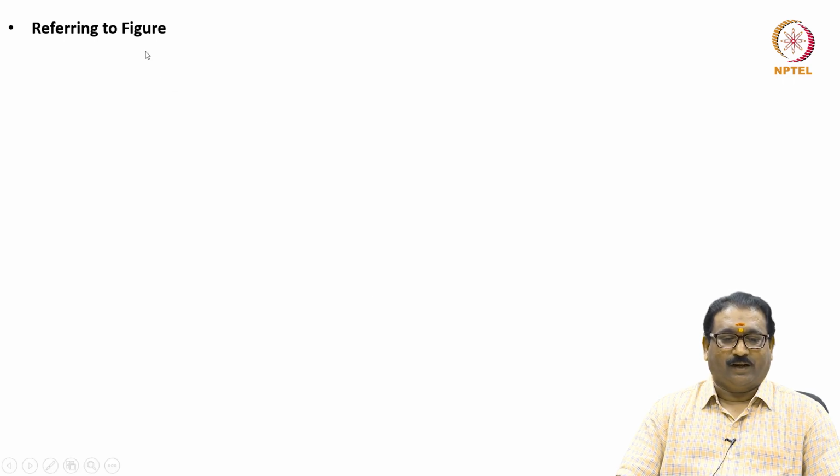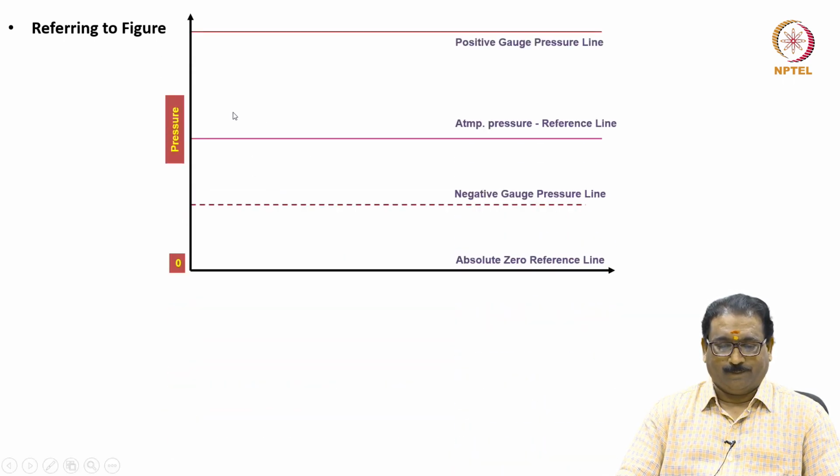As we have seen the 4 important terms of pressure, now we will see these pressure terms referring to the figure. Here I have shown the XY graph in which the absolute zero reference is marked, and then the atmospheric pressure reference line.